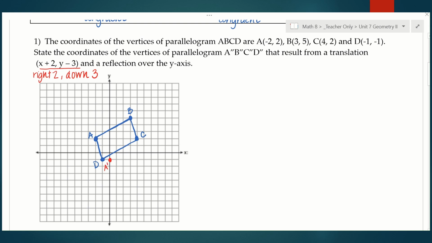So go ahead and do that for each of your points. And if I'm going too fast for you, feel free to pause the video until you're ready. Okay, so your translated parallelogram should look like that.